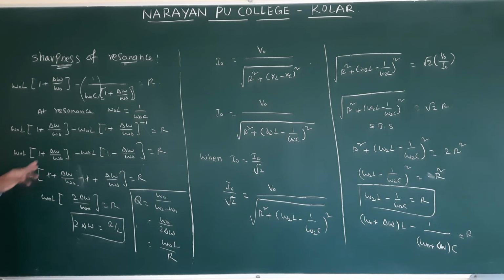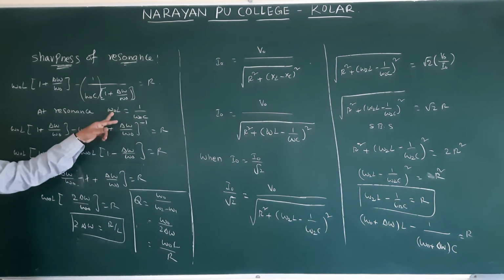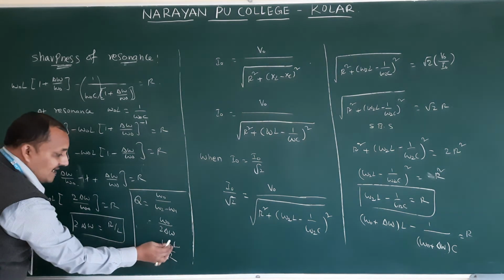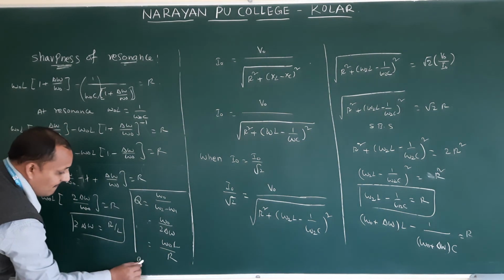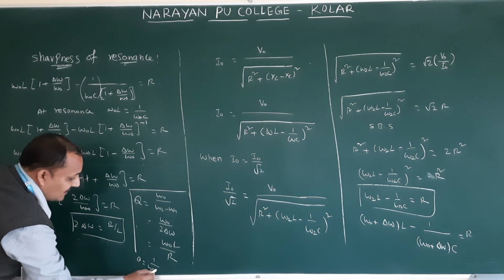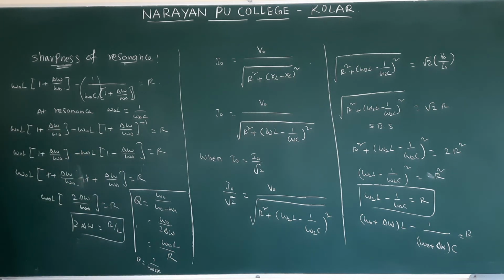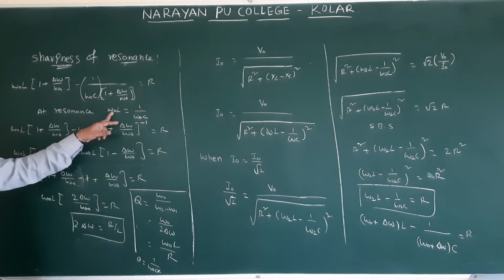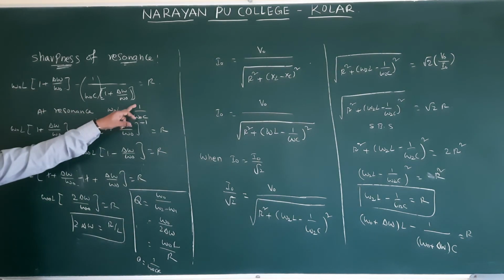And here, in place of 1 by omega naught C, we substituted omega naught L. If you substitute in place of omega naught L, here 1 by omega naught C, you will take common 1 by omega naught C. Then at that time, this formula is going to become 1 by omega naught C R. Okay, so this one also you will get if you use in place of omega naught L, 1 by omega naught C.